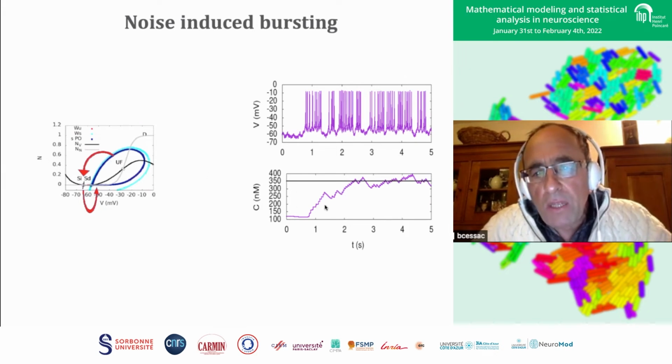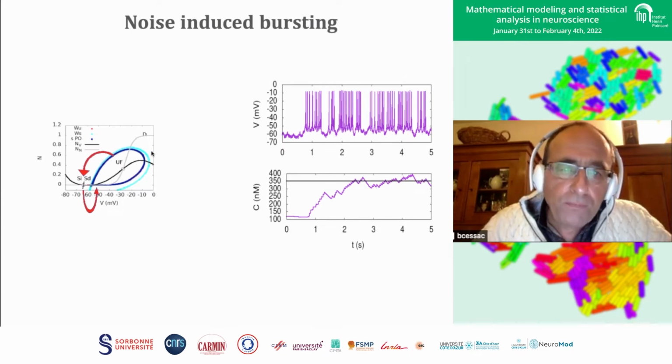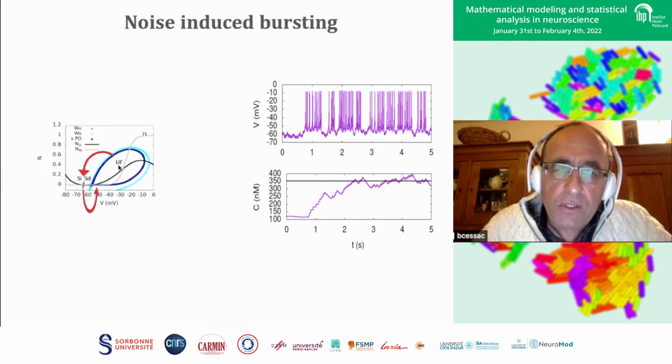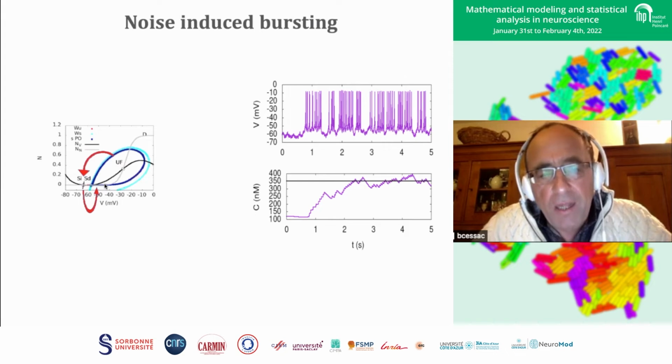In fact, if you look at calcium, you see that during bursting, it will increase and then decrease. What interests us is that calcium be large enough to trigger the SHP mechanism, which means that if you want to compute the probability to get something significant, you not only need to compute the probability to get there, which will be a first passage problem.